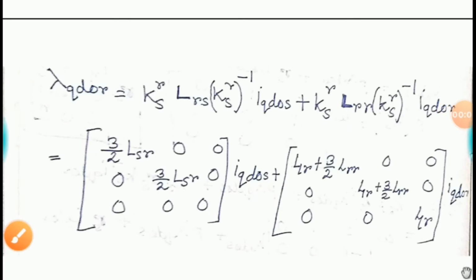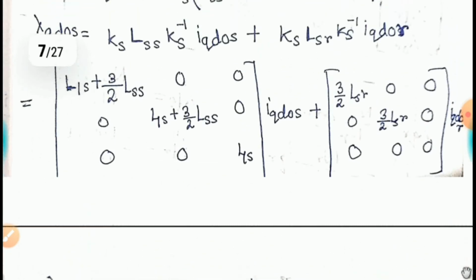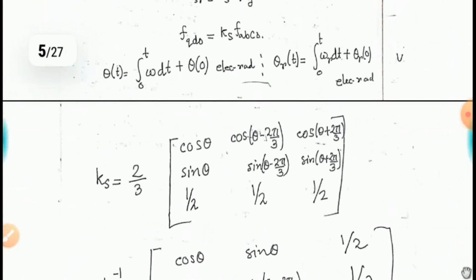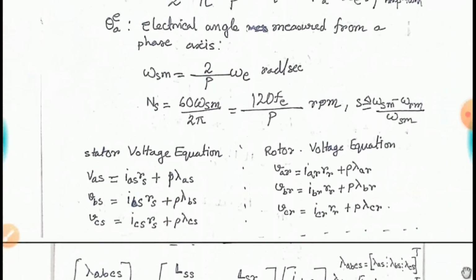So we have just observed that in the qd0 reference frame the whole system is getting decoupled, and the zero sequence current of stator has nothing to do with the zero sequence flux linkage of rotor, and likewise the zero sequence rotor has nothing to do with the zero sequence stator. But I expect one question, though I do not know whether you will answer or not. Rather, let me answer, because that has to be answered before we proceed.